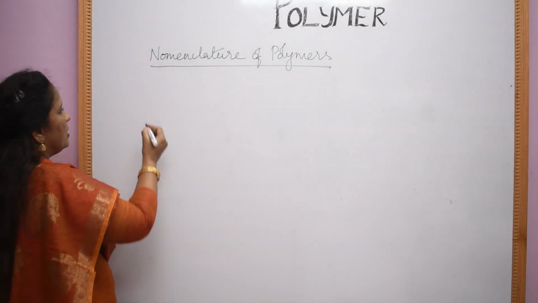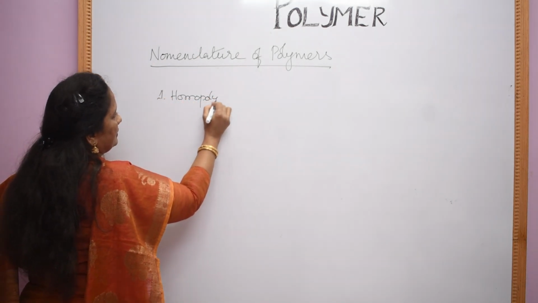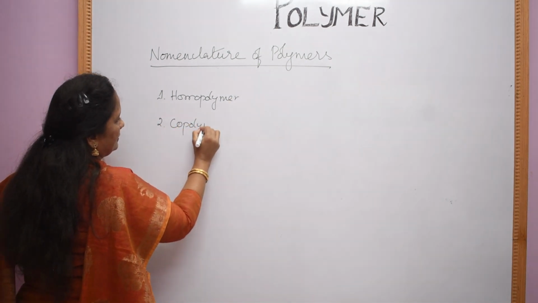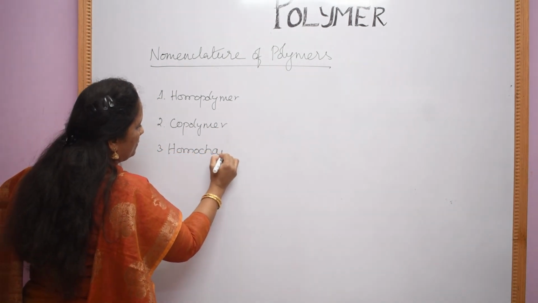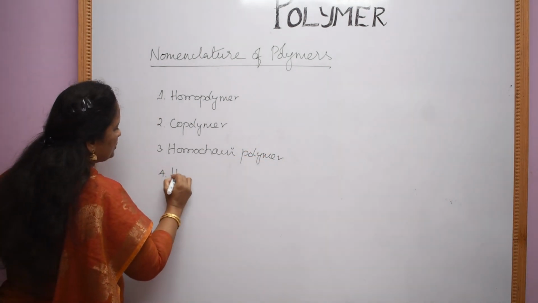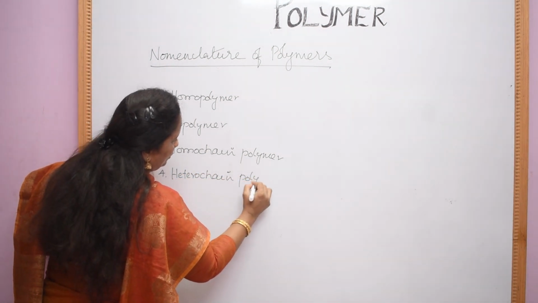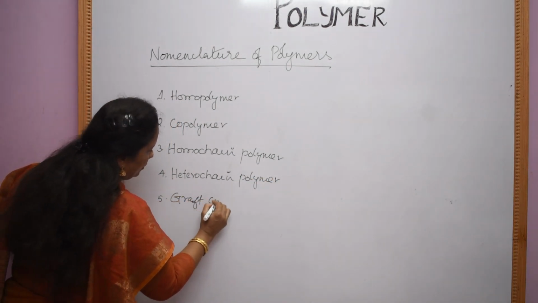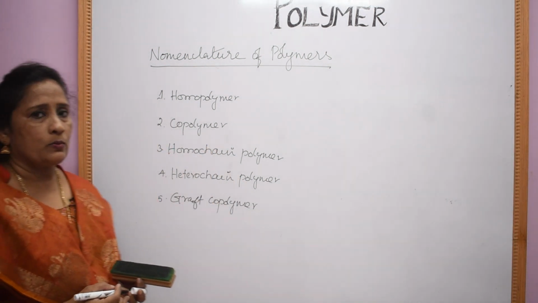Based on the nomenclature, polymers are classified into homopolymer, copolymer, homochain polymer, heterochain polymer, and graft copolymer. So let us discuss these polymers one by one.